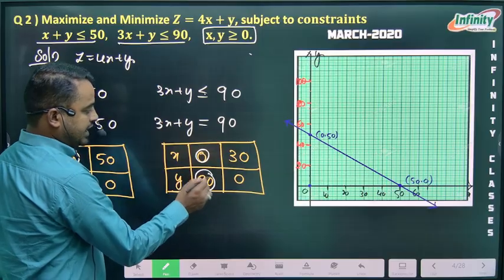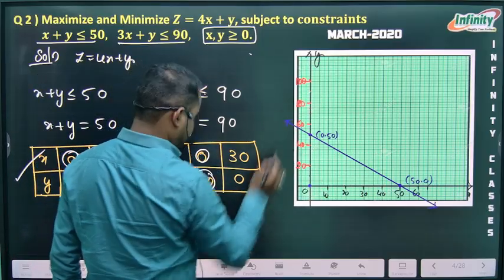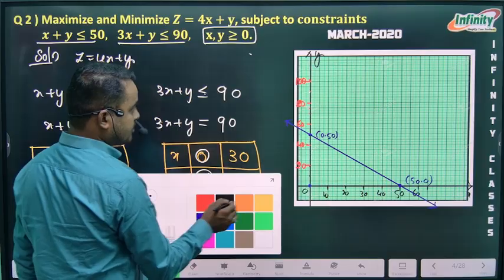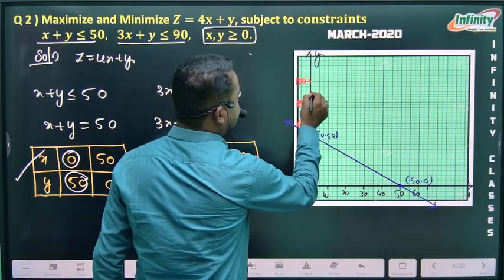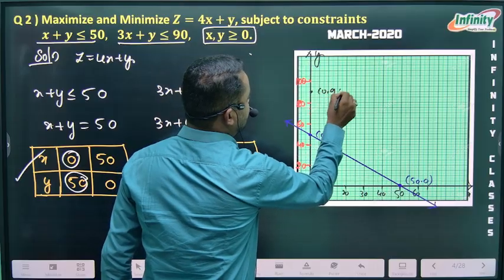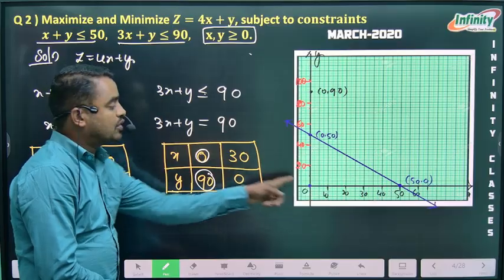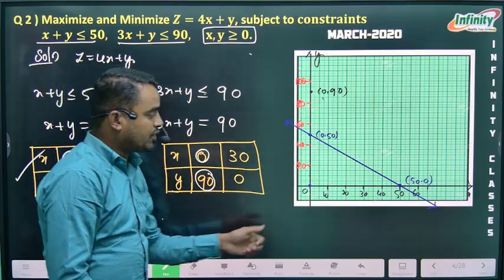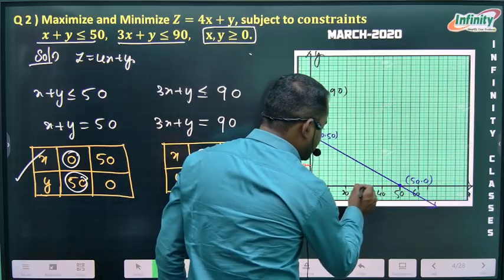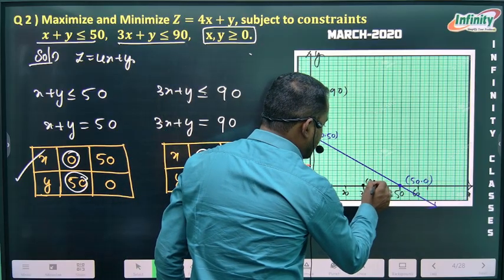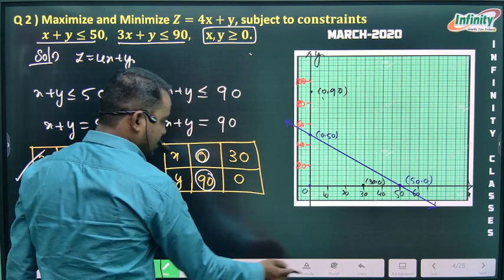Y coordinate is what? 90. 0, 90. It will come here. That is 0, 90 and 30, 0. 0, 90 is here. 30, 0. Where is 30? 30 is here. 30, 0 and draw the straight line.